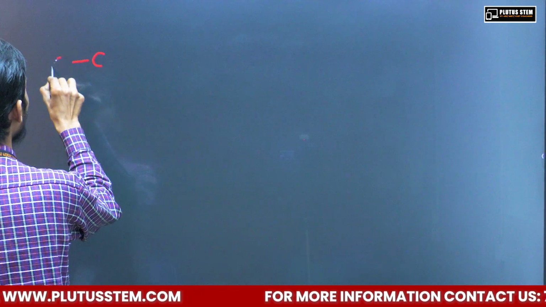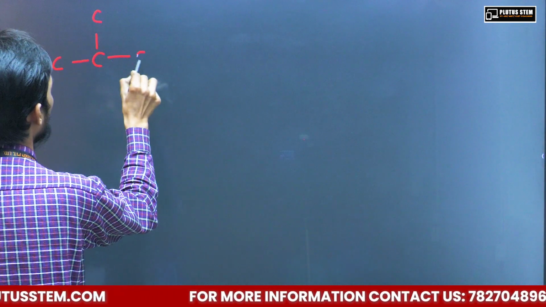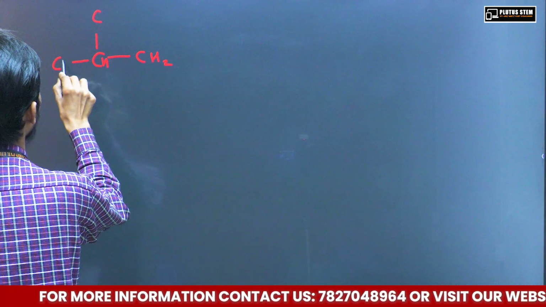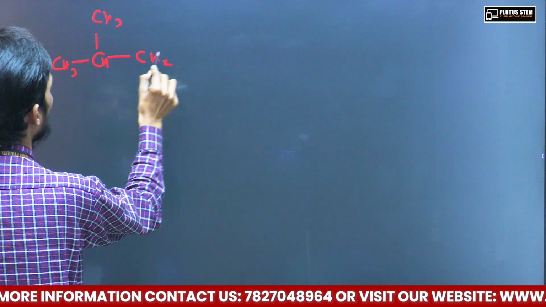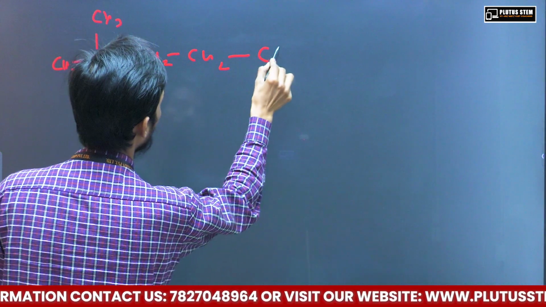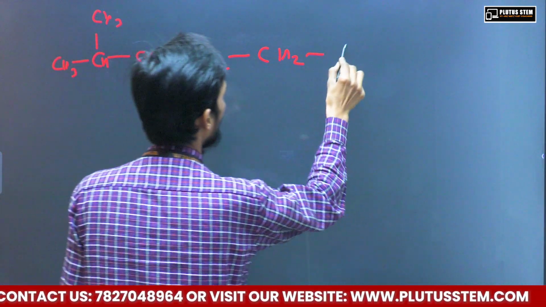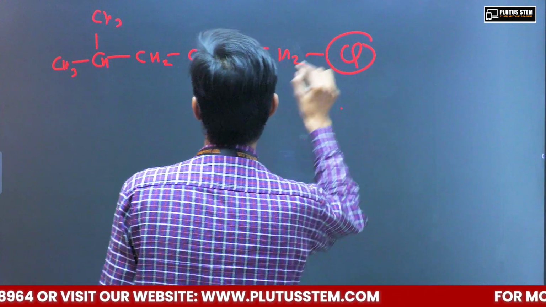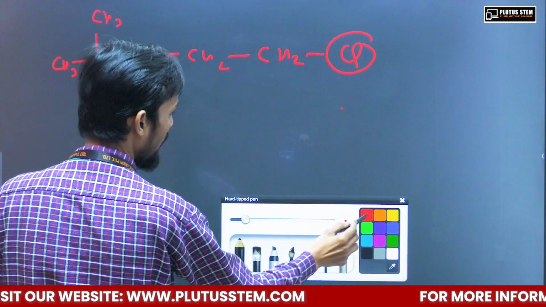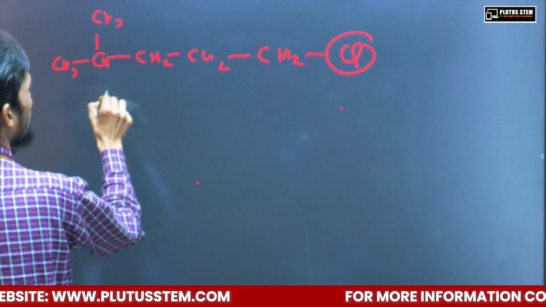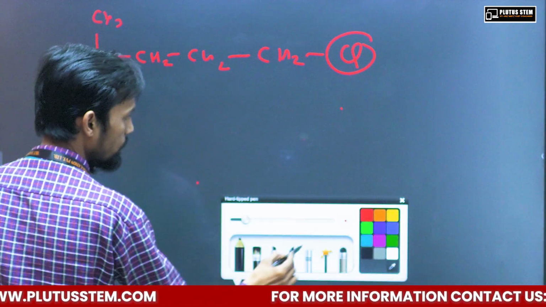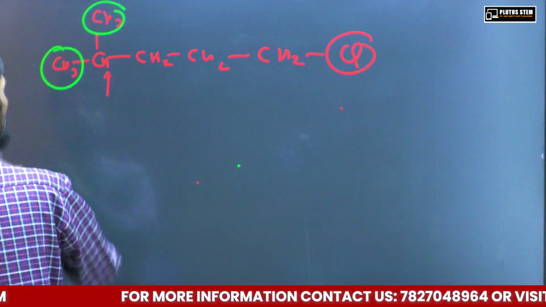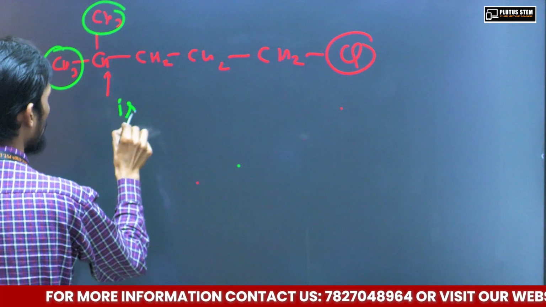If the second last carbon, this is the second last carbon, contains the same group like this, then this is known as iso.